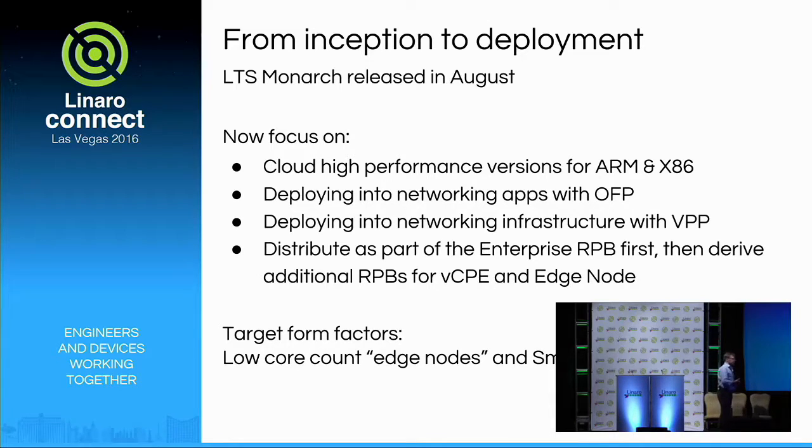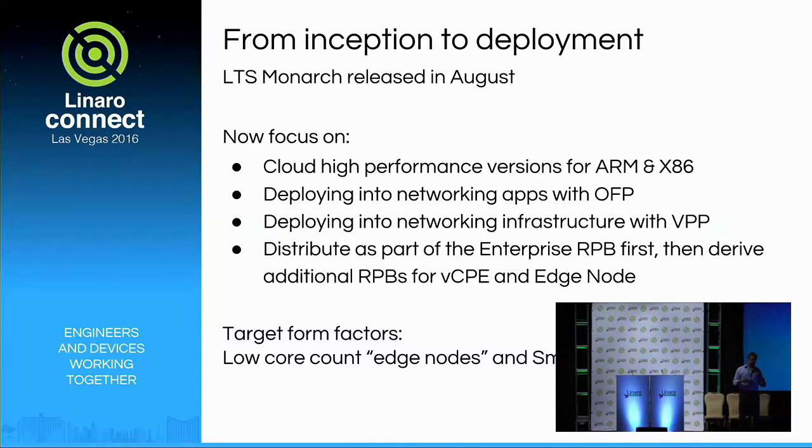So we released the ODP Monarch release in August. It's now supported by a number of hardware vendors. Linaro has traditionally delivered one thing, a reference implementation of ODP, which was then used by silicon vendors to implement their version of ODP.